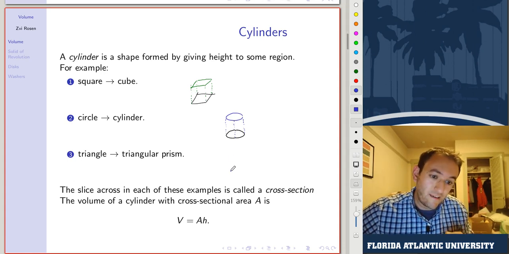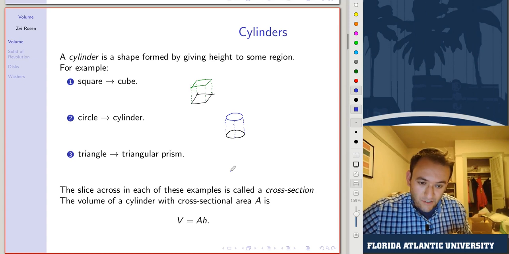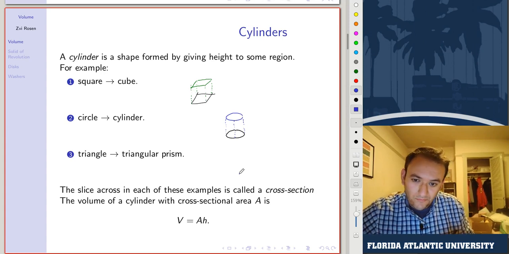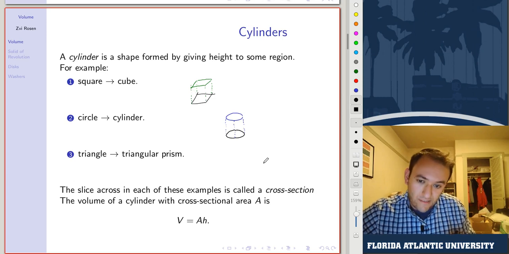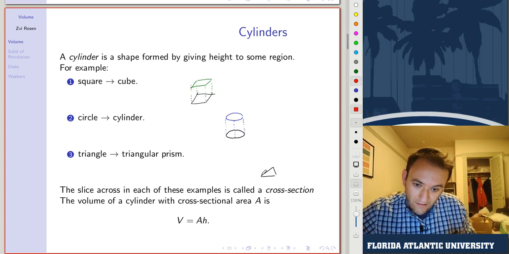Looks a little bit like what a tin can is shaped like. As for this final example, if instead of a rectangle or a circle, we have a triangle in the plane, what we get sticking up out of the plane when we give this some height is called a triangular prism.